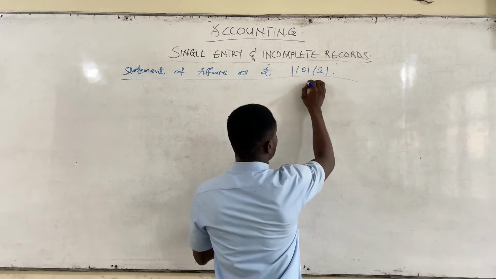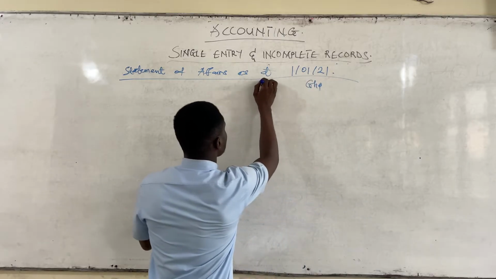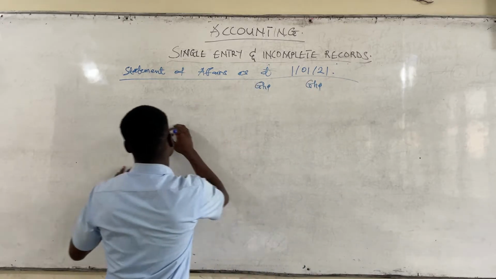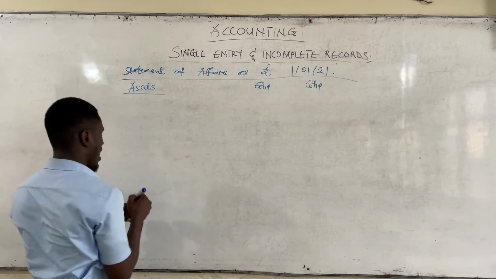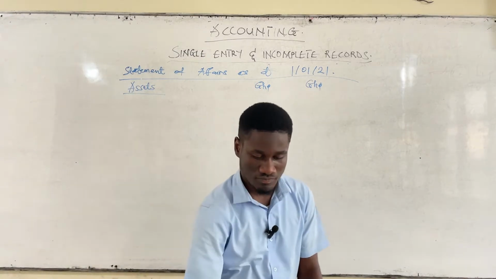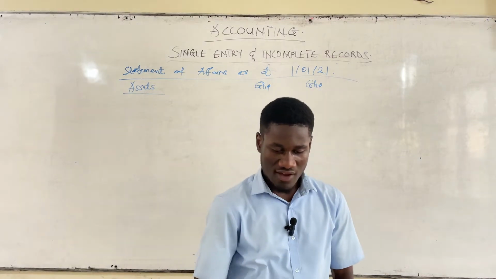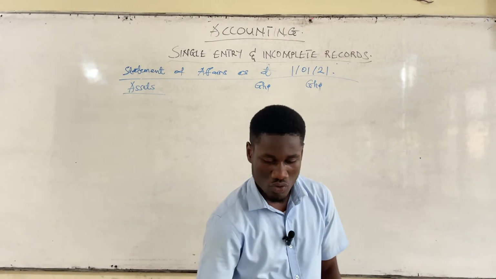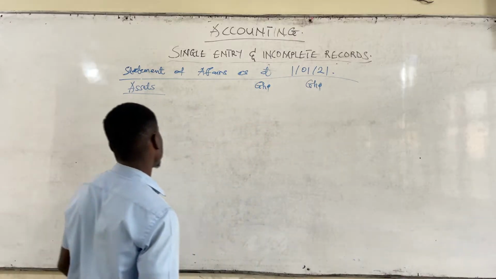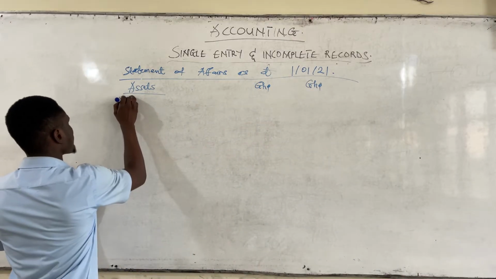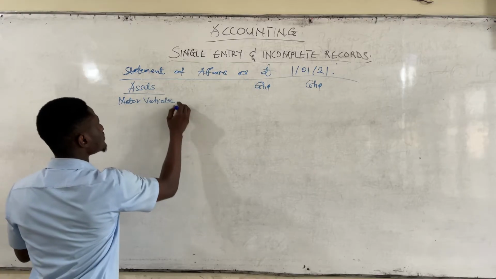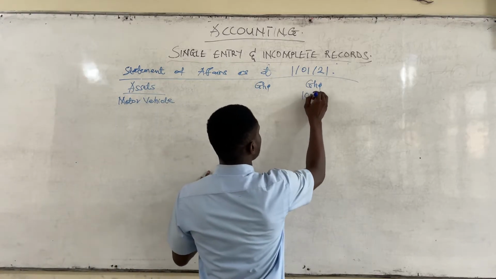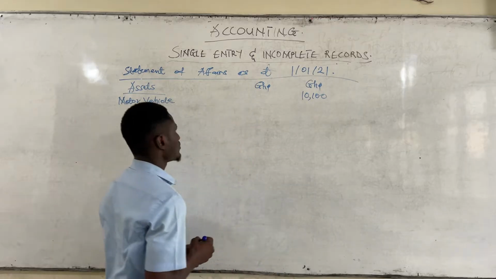And this is very simple to prepare. So we'll come here, we'll list all our assets we have in the question. So we have motor vehicle, 10,100. Motor vehicle, 10,100.